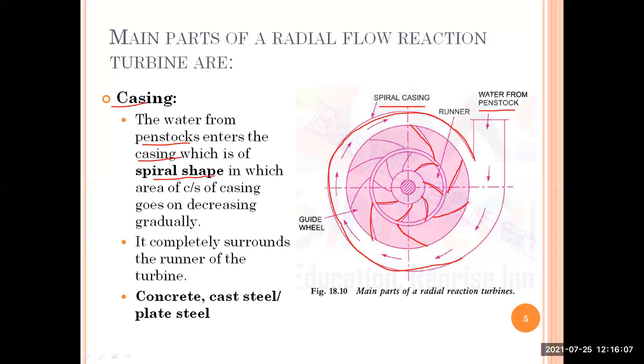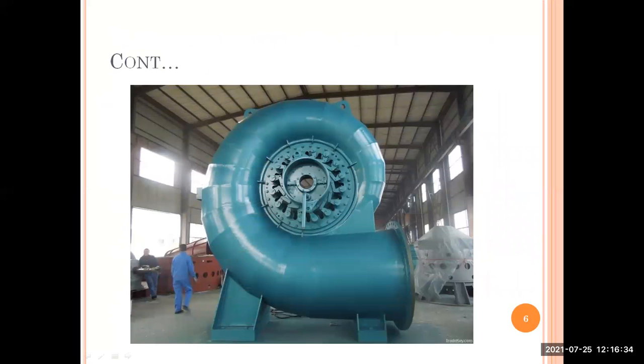The casing is of spiral shape, in which the cross-sectional area is gradually decreasing, so that the runner will be completely surrounded by this casing. The material of this casing is usually concrete, cast steel, or plate steel. You can see here a typical casing, how the typical turbine practically looks.